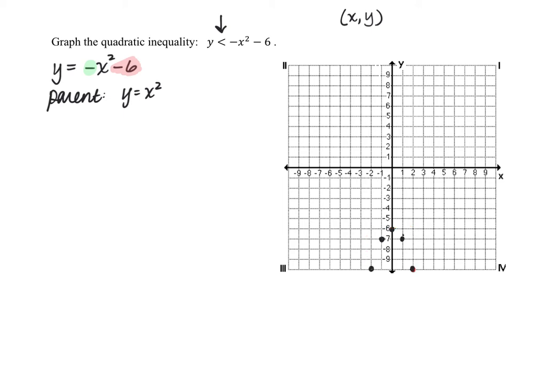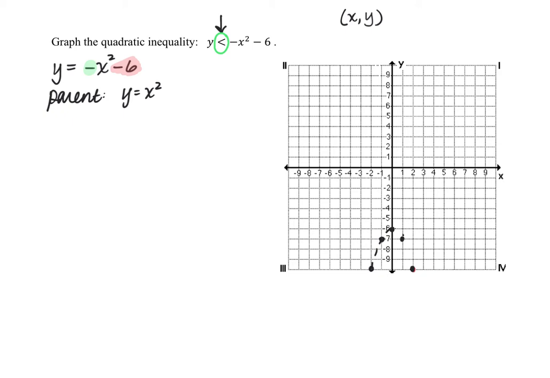Now, before I connect these with a solid line to make it a solid parabola, I do need to consider the inequality symbol, because this is asking for y to be less than negative x squared minus 6, which means we are not going to include the points that actually lie on this parabola. And to show that, we are going to make the parabola dotted.